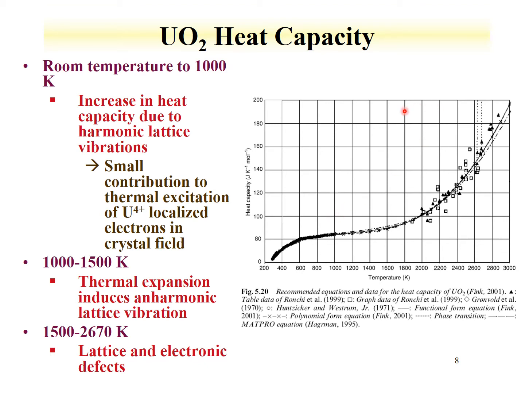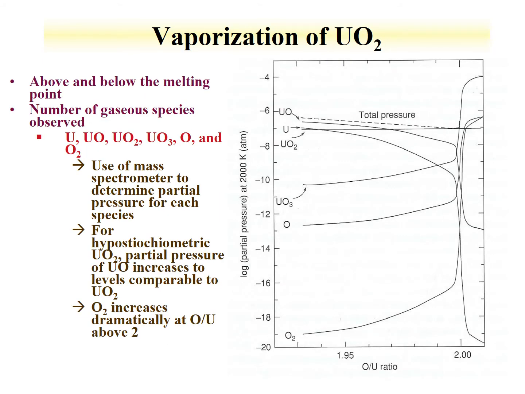For the nuclear fuel cycle, this is an important component where if we wanted to have a reactor at a given temperature, we can understand the heat capacity of the material, the fuel itself, as a function of temperature. Also, through the heating of this material, we can actually vaporize products out of the material.